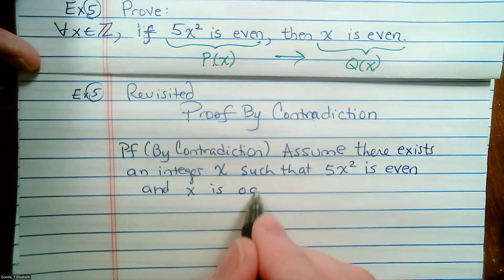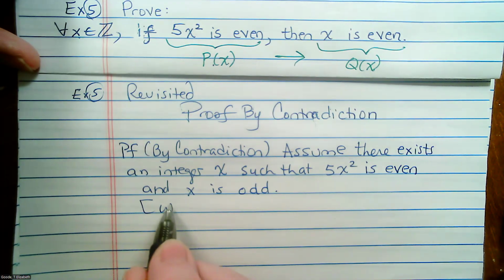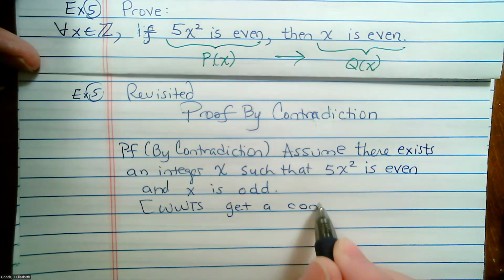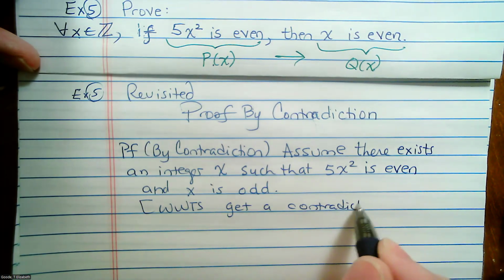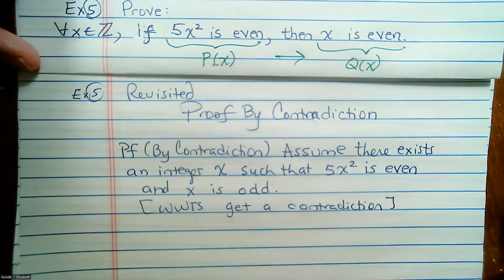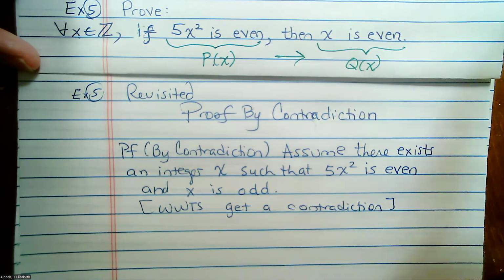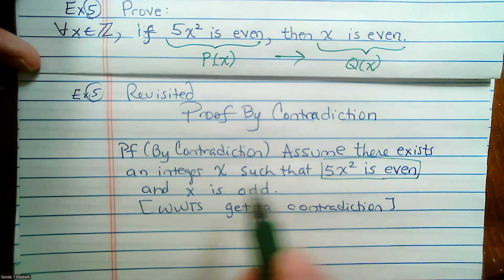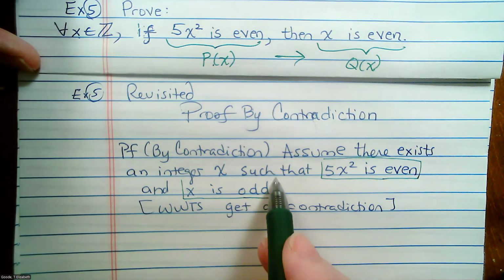And we wish to get a contradiction. So we have two things that we know. We know that 5x squared is even by hypothesis, and we know that x is odd.